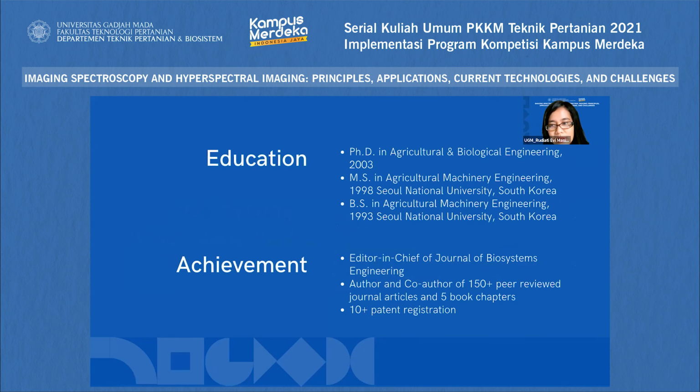Professor Cho finished his doctoral study in agriculture and biological engineering at Pennsylvania State University in the United States. Before that, he finished his master's and his bachelor's at Seoul National University, South Korea.